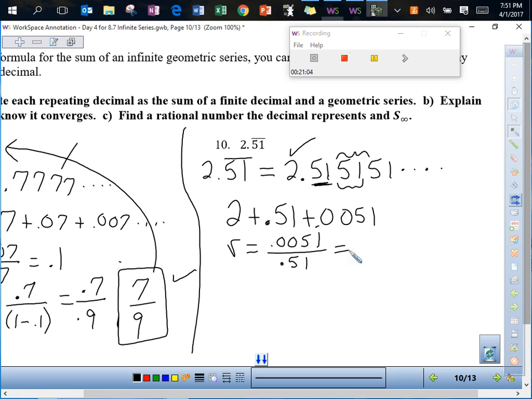Means my r value is 0.01. Now to get my answer, it's going to be that 2 that we had out front plus g sub 1, which is that first repeating decimal part, 0.51, over 1 minus 0.01.